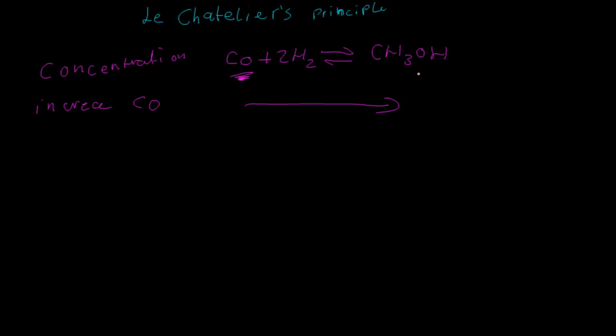The only way to do that is to make more of the products. And again, if we increase the methanol, it's going to want to move in that direction. And it's the opposite for a decrease.